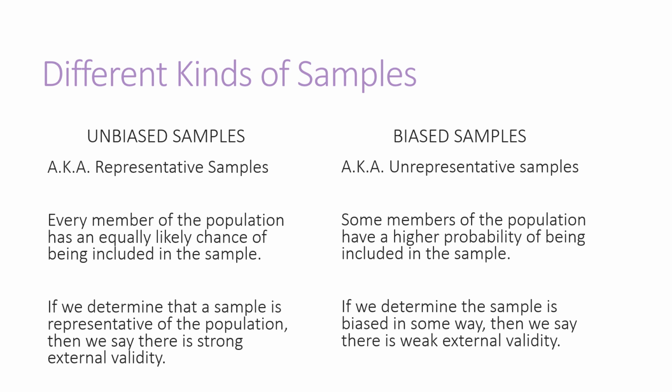So representative samples, which are sometimes called unbiased samples, happen when every member of the population has an equally likely chance of being included in the sample.